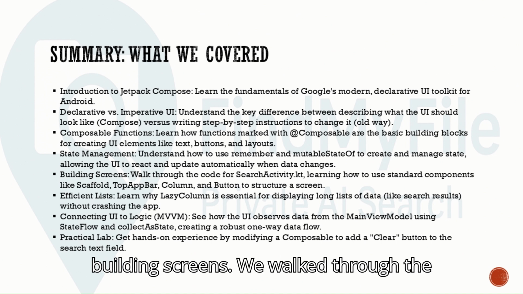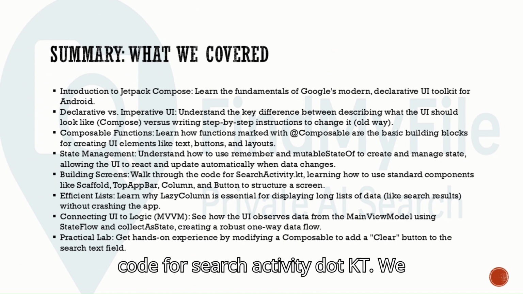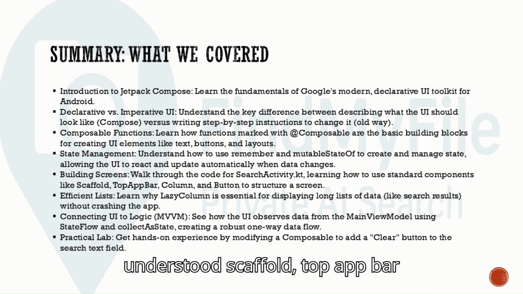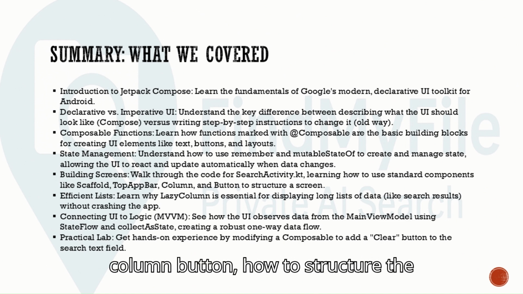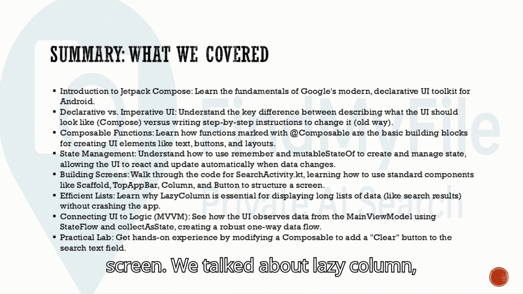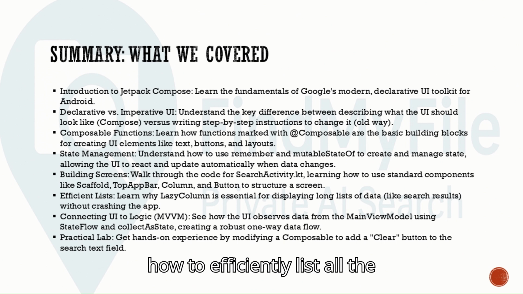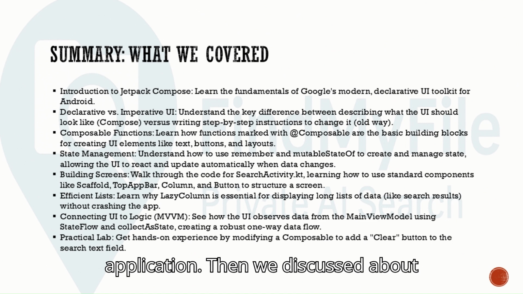Then we talked about building screens. We walked through the code for SearchActivity.kt. We understood scaffold, top app bar, column, button, how to structure the screen. We talked about lazy column, how to efficiently list all the outputs without crashing our application.